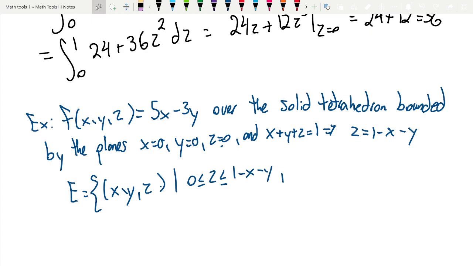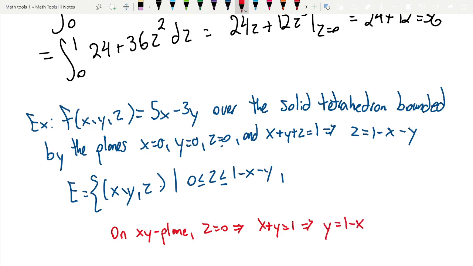Okay, so if z is 0, then you're left with x plus y equal to 1. Right, so on the xy plane, z is 0, which implies x plus y is equal to 1, which implies that y is equal to 1 minus x. So y is going to be bounded by 0 and 1 minus x.